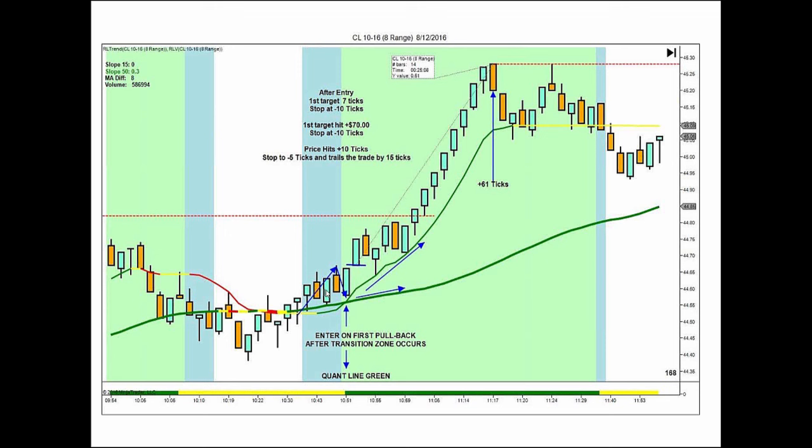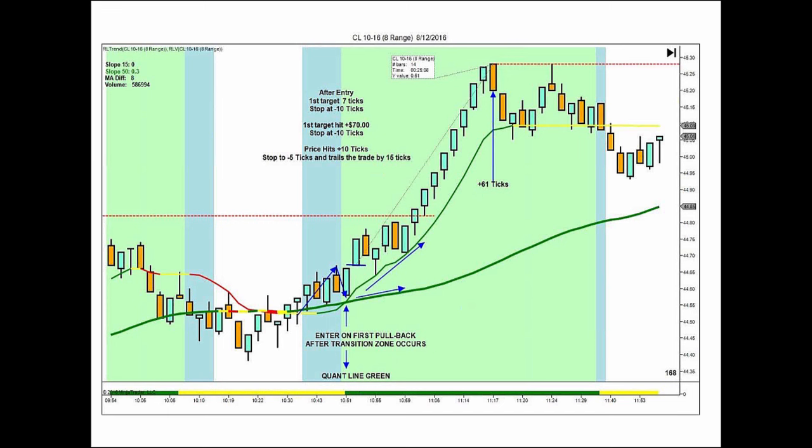Sideways, sideways, sideways, sideways, sideways, with the market making slightly higher lows and slightly higher highs. But you don't really have to care about that. I think that reading price action like this is important, but the key here is the indicator.